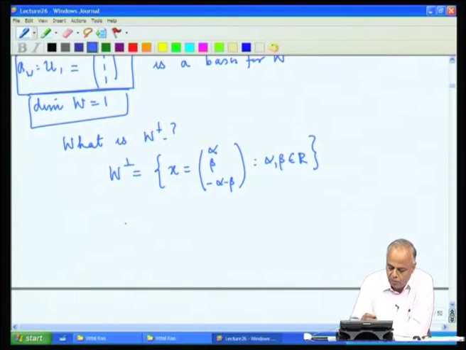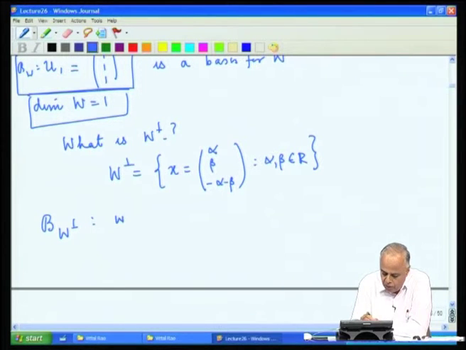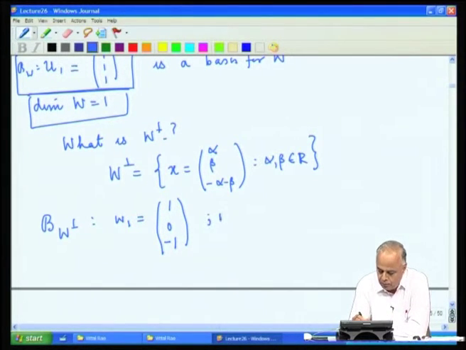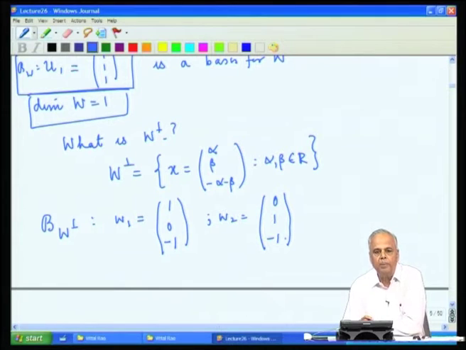If it is of this form, we can easily see that B_W perp consists of the following vectors: W1 equal to (1, 0, minus 1), W2 equal to (0, 1, minus 1). These two vectors are obtained as follows: by putting alpha equal to 1 and beta equal to 0, we get W1.